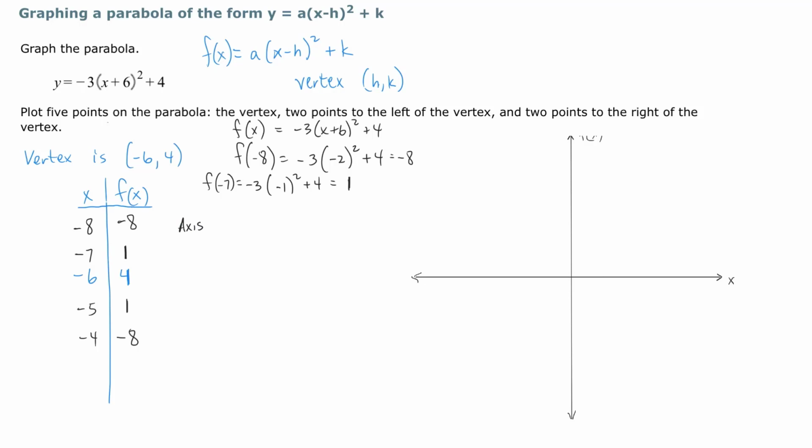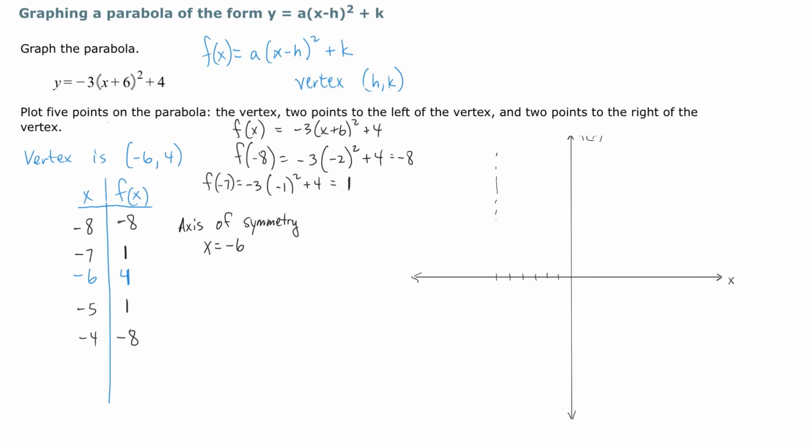And we also have an axis of symmetry. Sometimes that will help you draw your parabola. Your axis of symmetry is the vertical line that goes through the vertex. So this vertical line is actually x equals -6. We'll go ahead and draw that as well. 1, 2, 3, 4, 5, 6 in the negative direction.